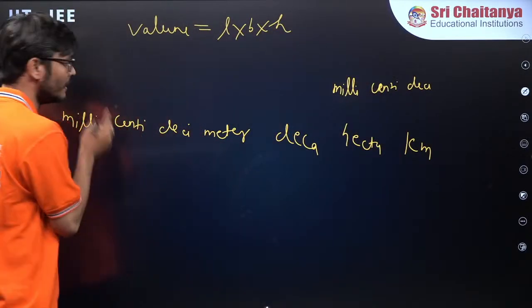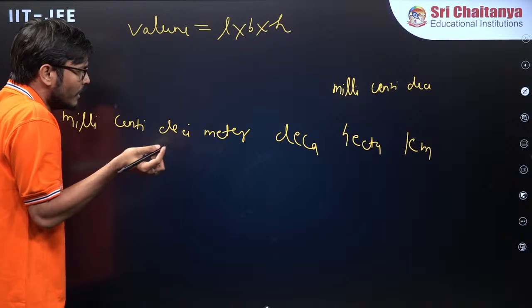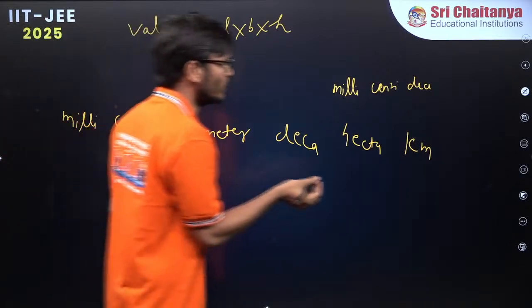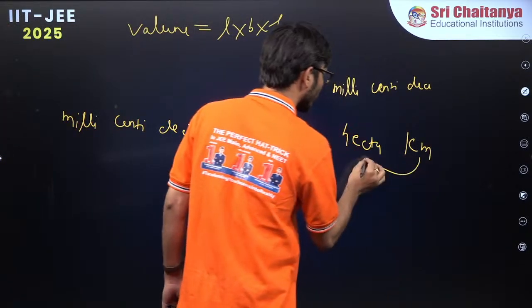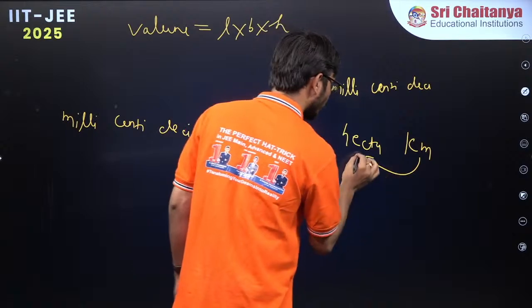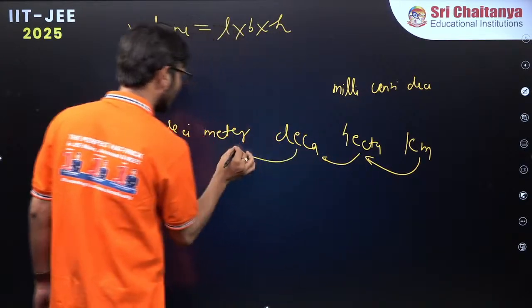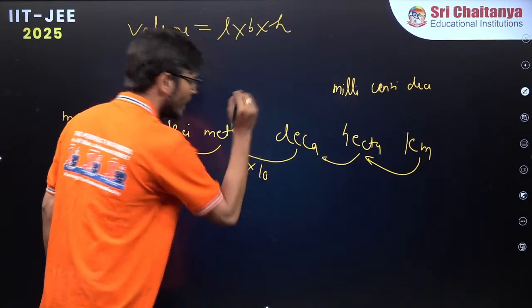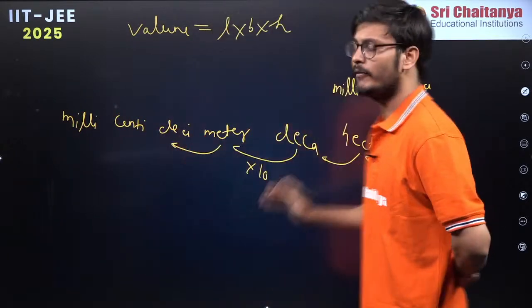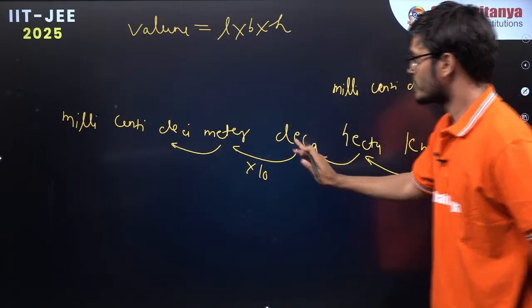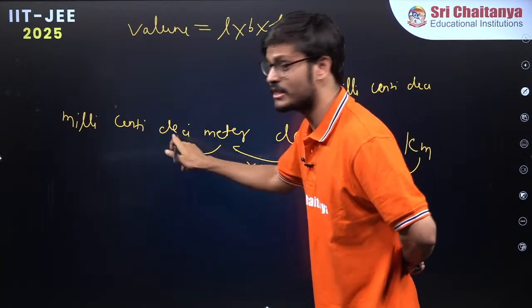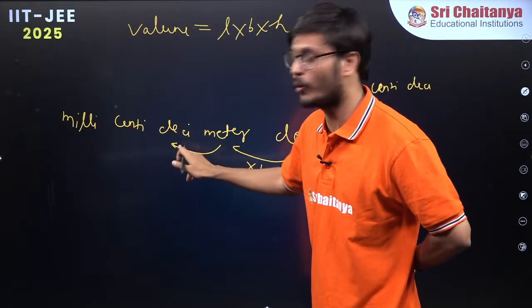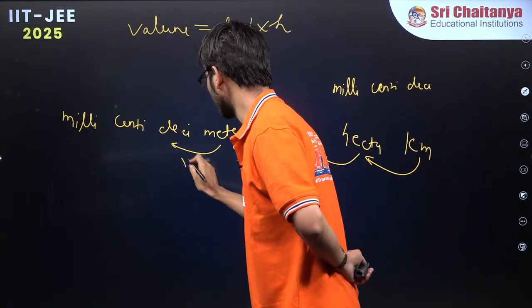Now, all of us know that if you go from right to left, you multiply by 10. So 1 meter is equal to how many decimeters? 1 meter is equal to 10 decimeters. So you multiply by 10.